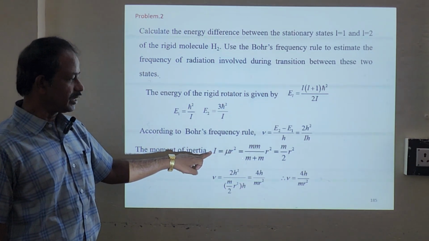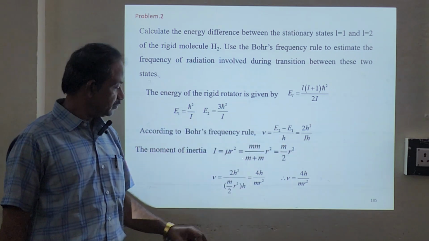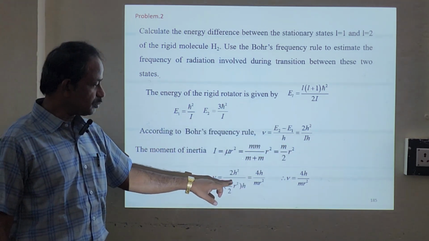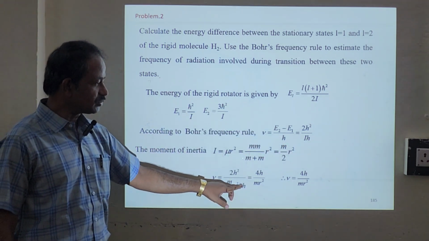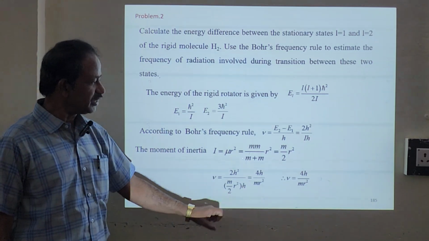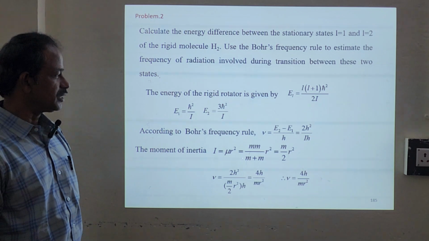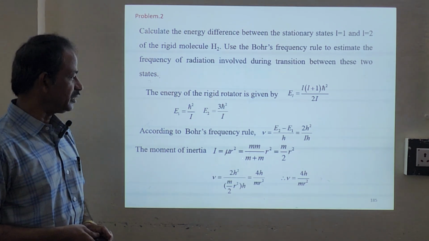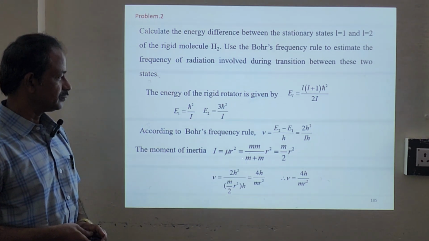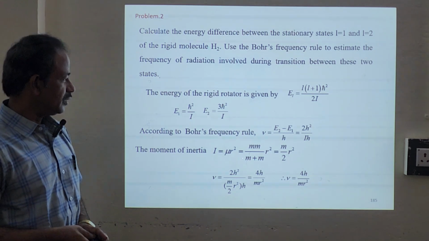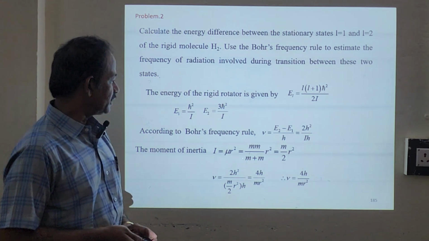This is the expression for your I. You substitute here. So you have nu equals 2 h bar square divided by m by 2 r square h. That will simplify to 4 h bar divided by m r square. So nu equals 4 h bar divided by m r square.